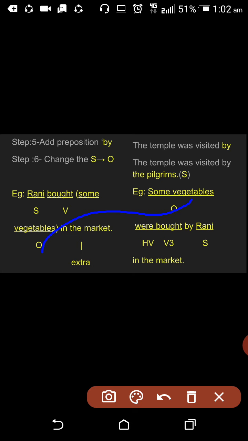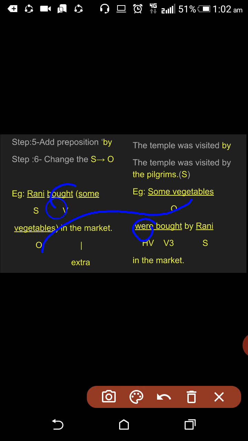Then the next rule is to add a helping verb. A proper helping verb we should add. So this is also past tense, so I have used were here. Then the next rule is to change the main verb to its V3 form.